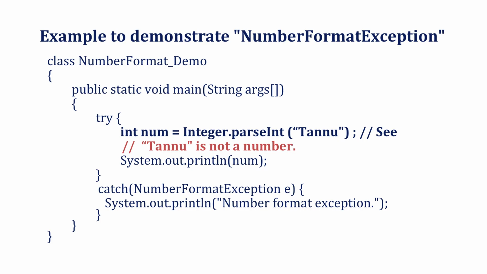As we know, Tannu is not a numeric number, so that may cause an exception, which comes under number format exception. We are trying to print the value of num with system.out.println. As we know, we were doing a wrong operation in the conversion of numbers.